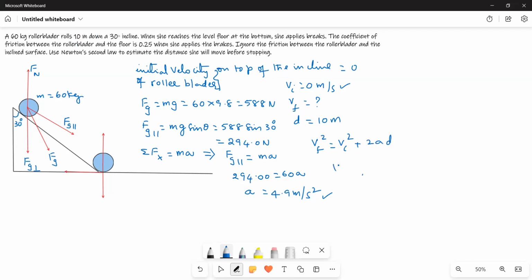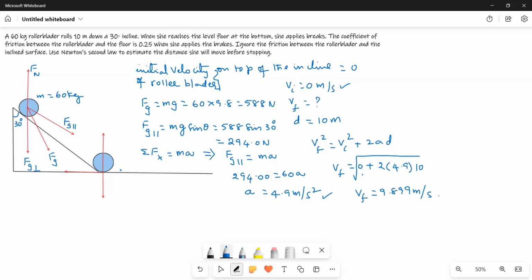Therefore Vf is equal to the square root of 0 plus 2 into 4.9 times 10. This gives 9.899 meters per second.